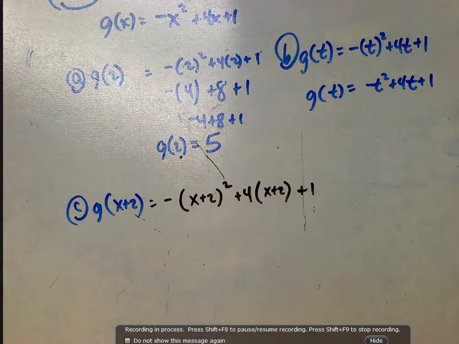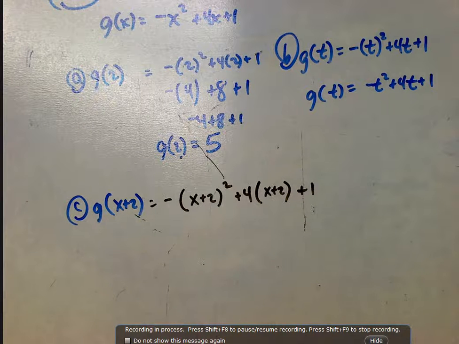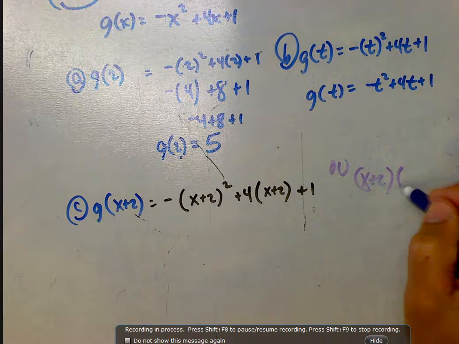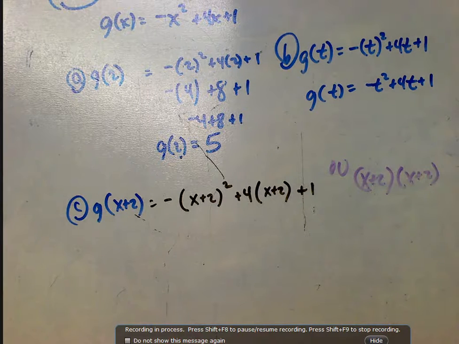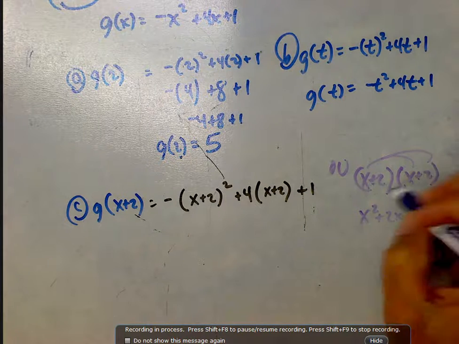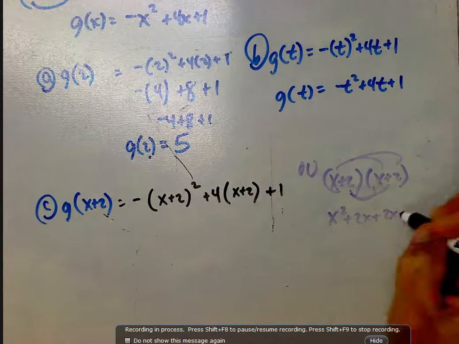Okay? For x plus 2 quantity squared, in my think brain over here, I'm thinking x plus 2 times x plus 2, x squared plus 2x plus 2x plus 4.